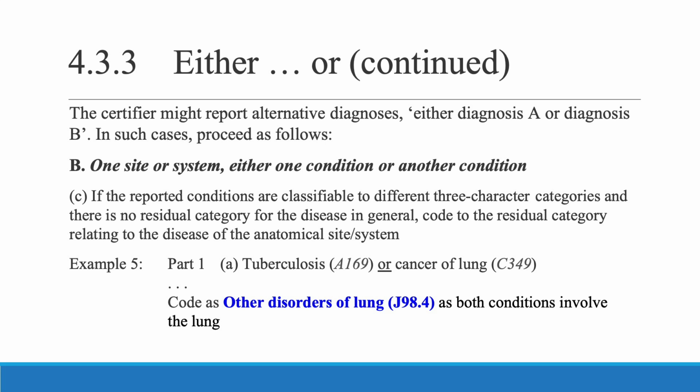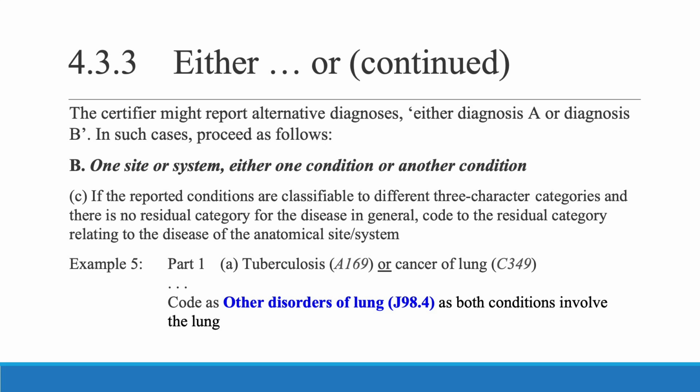One more instruction for a scenario where we have one site or system, either one condition or another condition. If the reported conditions are classifiable to different 3-character categories and there's no residual category for the disease in general, code to the residual category relating to disease of the anatomical site or system.